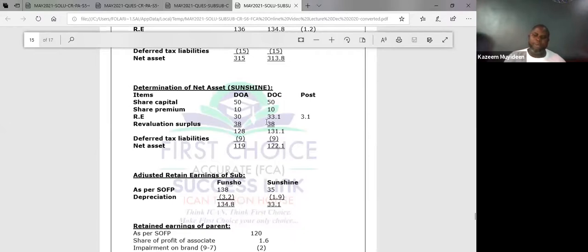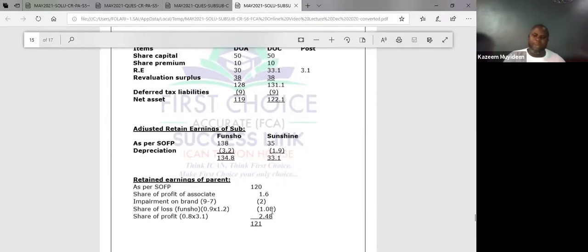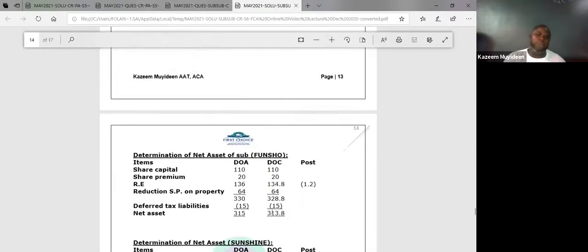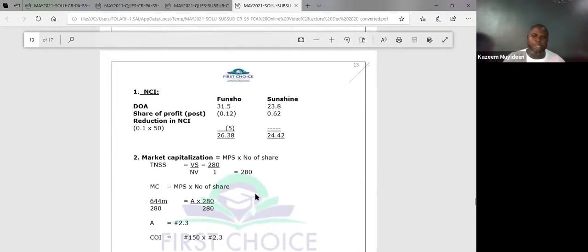I'll bring it down to give me post-acquisition profit of 3.31. How much is the parent collecting? 80%. It's collecting 80% of 3.31, 2.48. Then the remaining will go to the NCI value, which is 0.62.